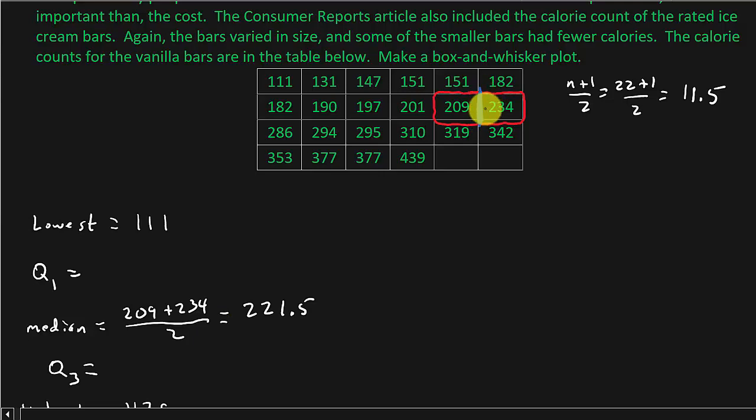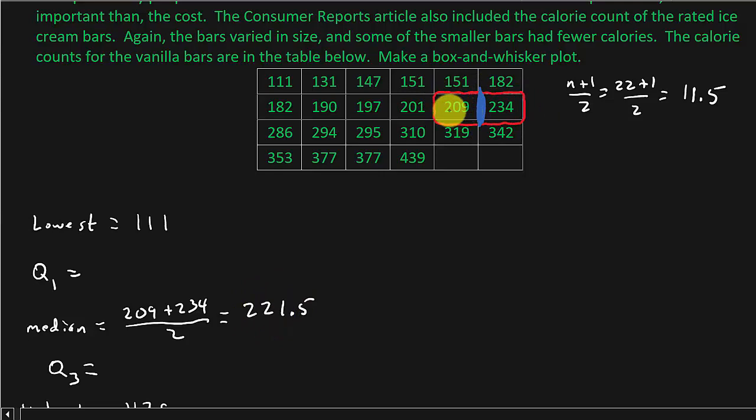You see that? So this right here is where the 221.5 would go. That's the median. So the lower half is all the values to the left of the median. I'm not including the median by using 209. I just use these two middle values to calculate the median.